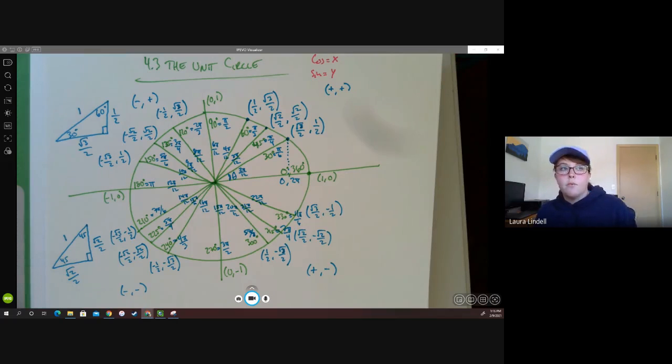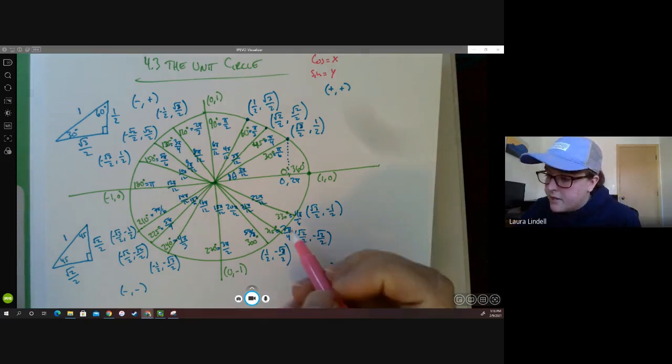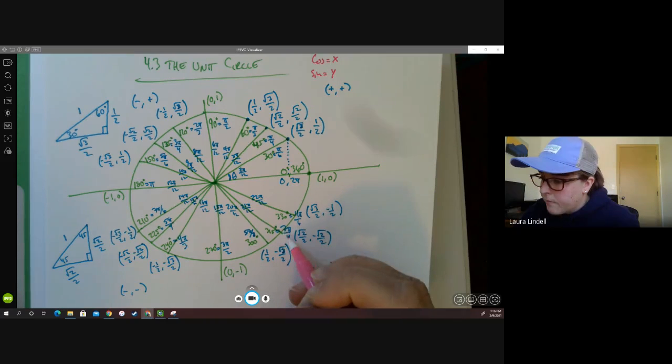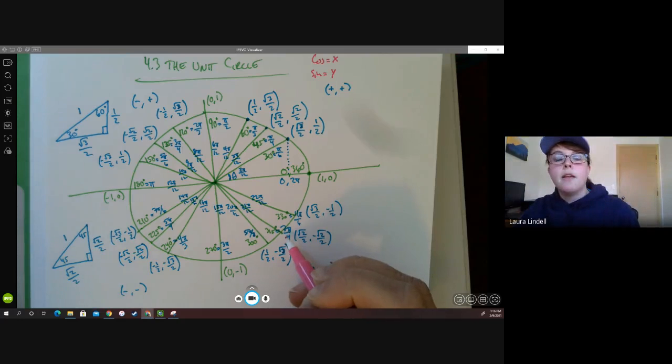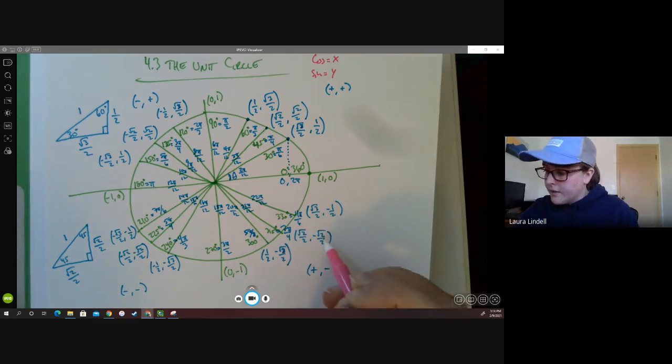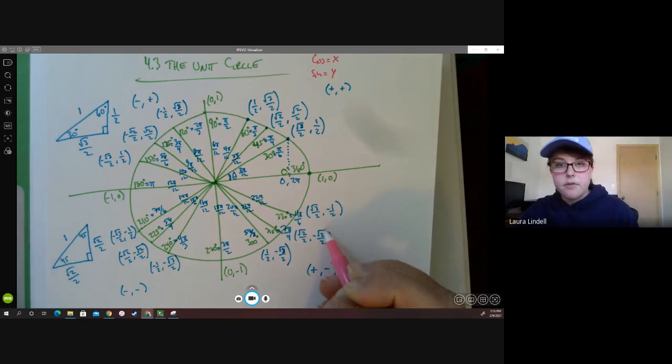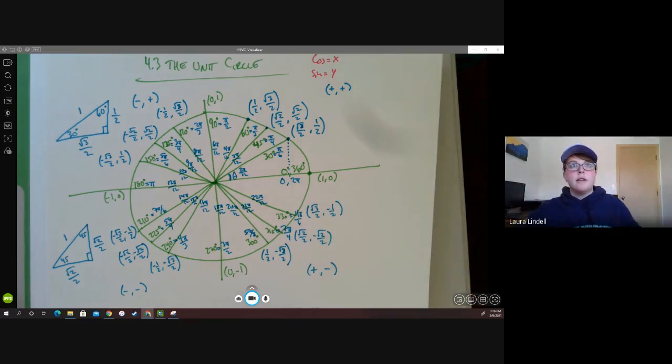If I ask what's the sine of 7 pi over 4, we find 7 pi over 4 down here, and we know that sine is y, so that would be negative root 2 over 2. So this is how we find common sine and cosine values. We can also find tangent from this, because tangent is opposite over adjacent, right?